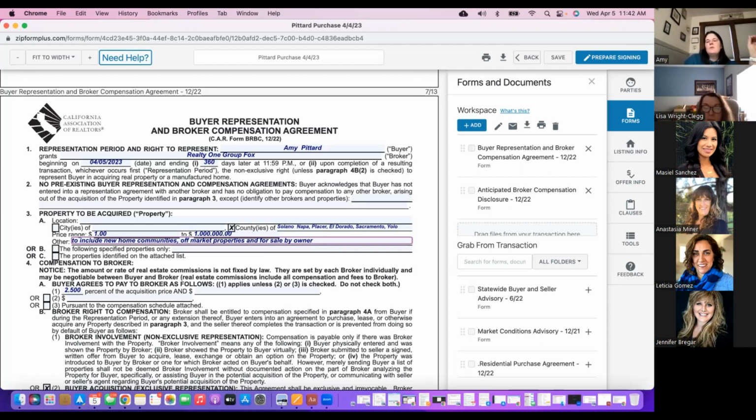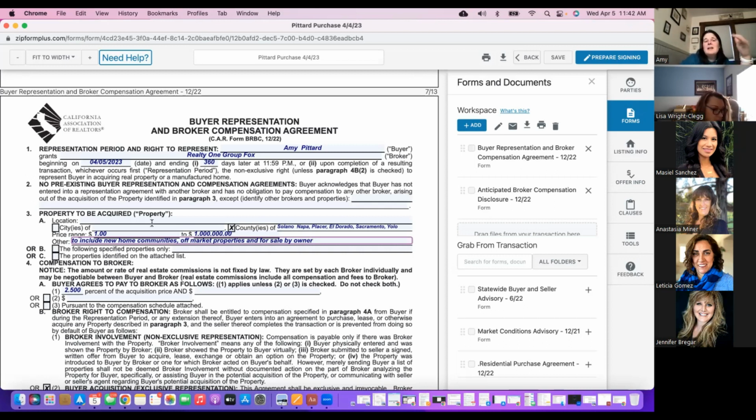So there's never any question as to what we can represent them in the purchase of. That way they're not like, oh my gosh, my friend decided she wanted to sell her property, so I'm just going to buy it from her, and I assume I can't use you, so I'm not even going to tell you about it. I'm just going to ghost you. Or show up at those new home communities without me being there. This solidifies that relationship.